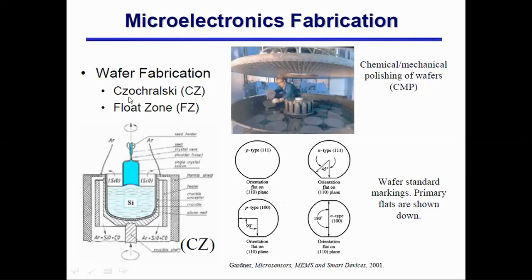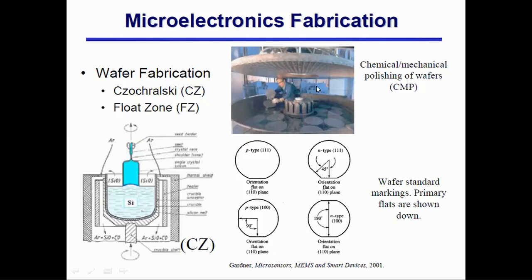There are two processing technologies by which silicon ingots are made. One is known as the float zone (FZ) technology, and the other is the Czochralski technology, known as the CZ technique. These two are used to make the silicon ingot. When we have the silicon ingot, we have to cut it into silicon wafers.